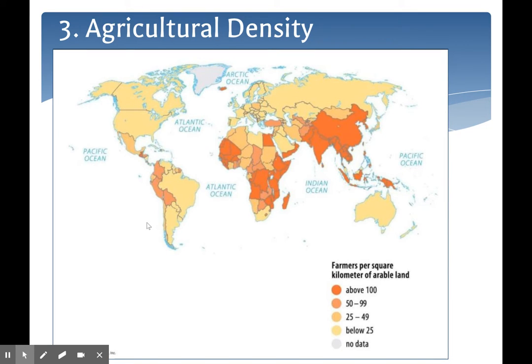If you look at the map, you can see where it's darker is the higher agricultural density. So more farmers are needed to farm smaller areas of land.